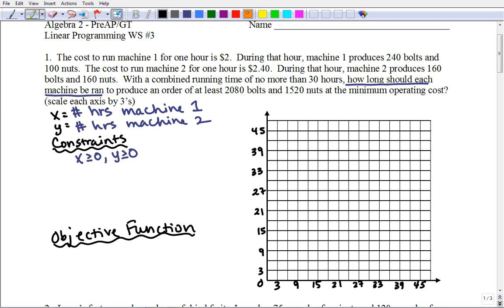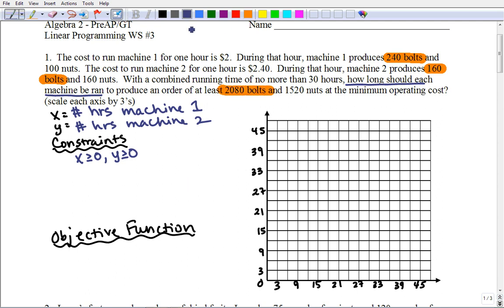Let's talk about machine 1 first. It produces 240 bolts per hour. Machine 2 produces 160 bolts in that hour. And we need at least 2,080 bolts.